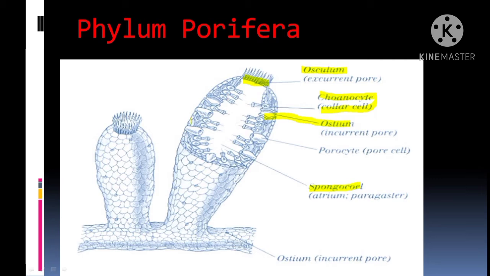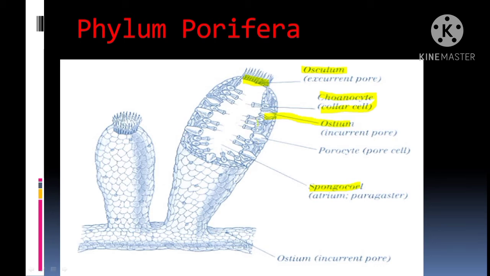Here the body structure is cylindrical, a vase-like structure, in members of Porifera. The anterior side is known as the osculum, and numerous cells are present in the body. There is no formation of tissues or organs.